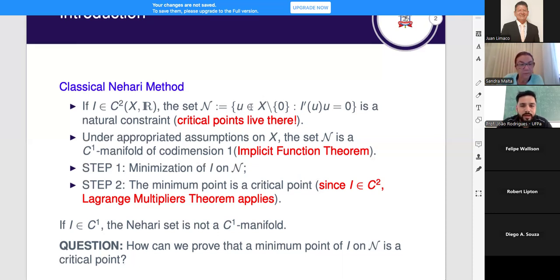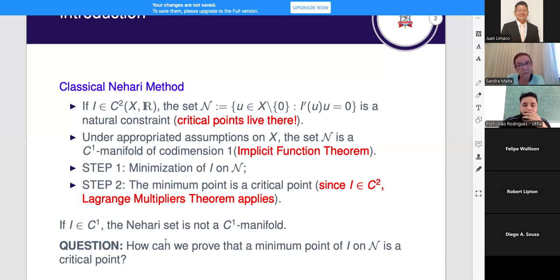So you cannot use the implicit function theorem in order to prove that your set is a C1 manifold. So the last step is very difficult to prove, because when you use the Lagrange multiplier theorem, you are using this differentiable structure.